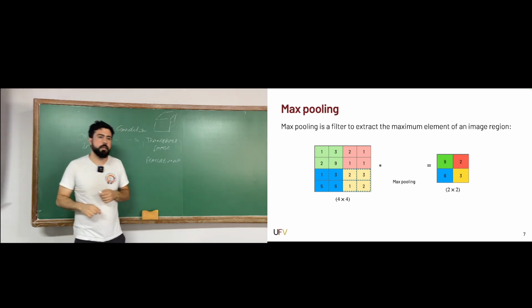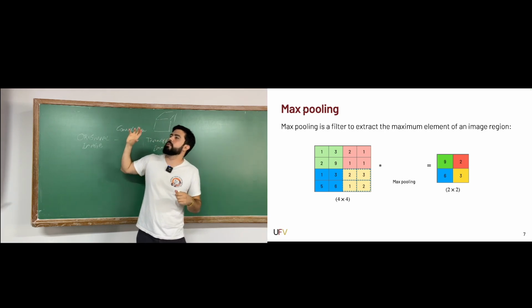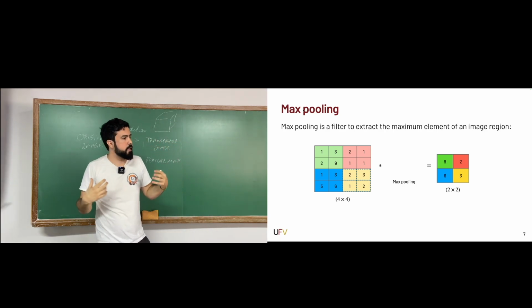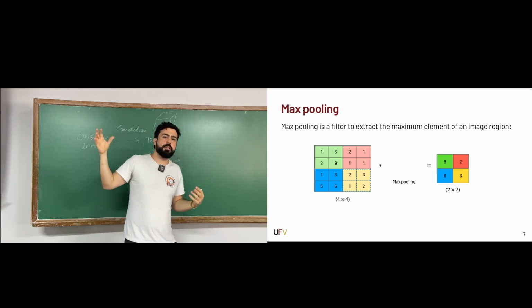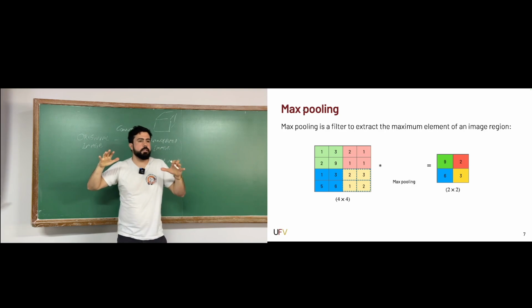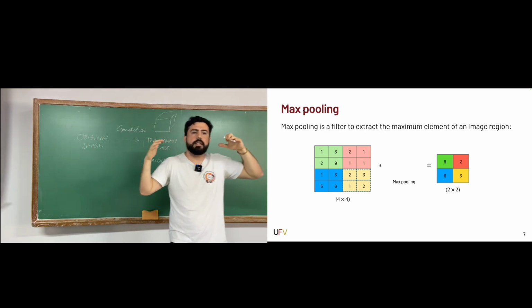This is an interesting idea because, as I mentioned, pooling operations are meant to summarize an input. By doing that, I'm just looking at the values of my input that are higher, so I'm saving just that.